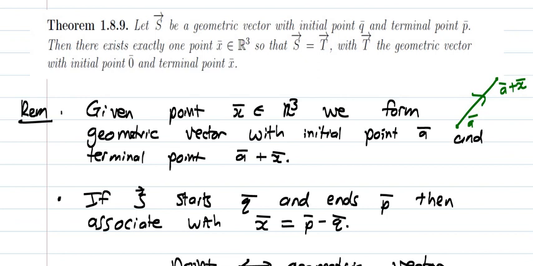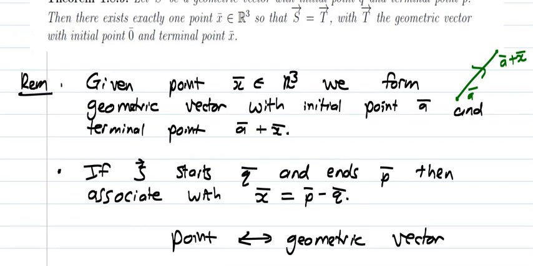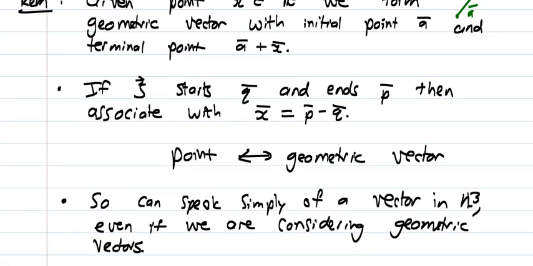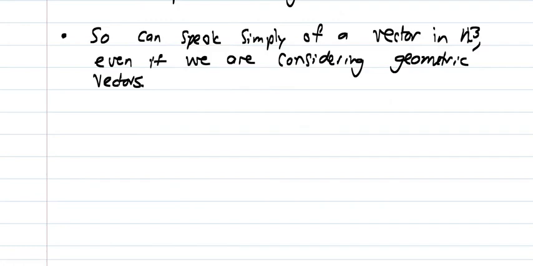So X is P minus Q. So this means we have a correspondence. Every point can be considered as a geometric vector, and likewise, every geometric vector can be considered as a point. So we can speak simply of a vector in R3 even if we are considering it as a geometric vector, because we have this correspondence between points and geometric vectors. So do take note of that.